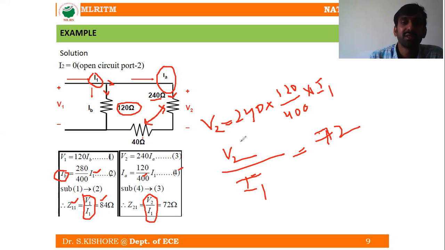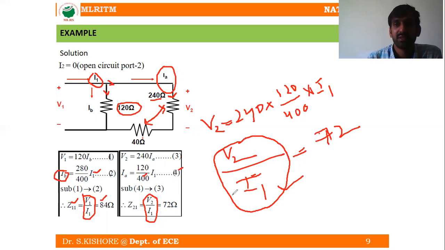So that means what is this V2 by I1? V2 is nothing but the output side voltage, and this is nothing but the input current. So output voltage and input current is nothing but the transfer impedance. Right? So Z21 is nothing but your transfer impedance. Which impedance?